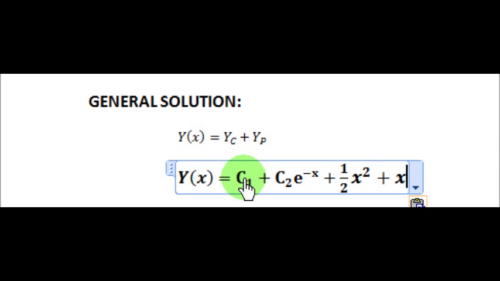So y is c1 plus c2 e to the negative x plus 1/2 x squared plus x. Take note again that c1 and c2 are the arbitrary constants, and the first two terms are our yc and the last two terms are our yp.